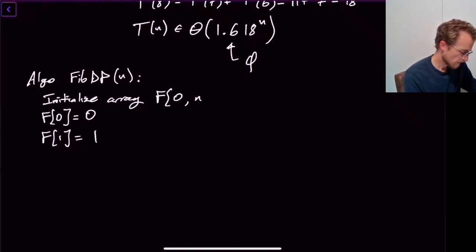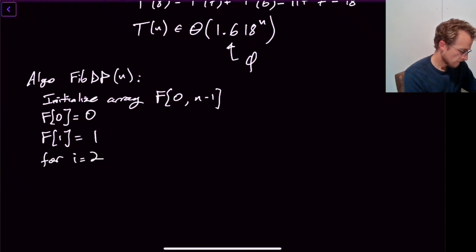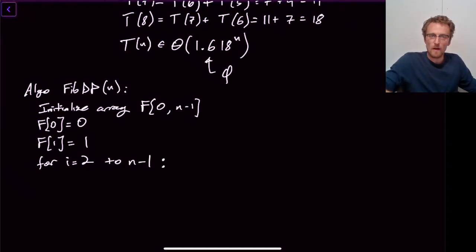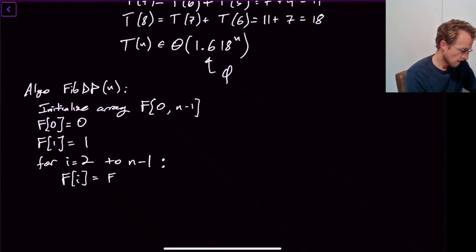And then we'll set up a for loop that says, starting at 2, so from i equals 2 to n minus 1, just assume that everything up to i minus 1 has been computed, and then use that to compute the next one. This is super simple stuff. Just set fi to be equal to fi minus 1 plus fi minus 2. Okay, and then at the end we return the last one.